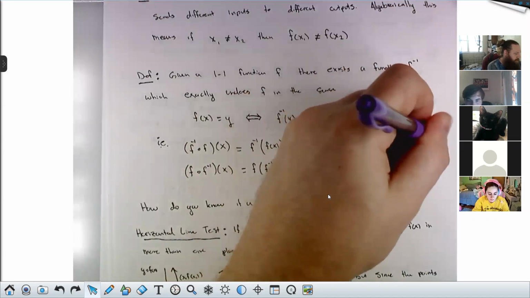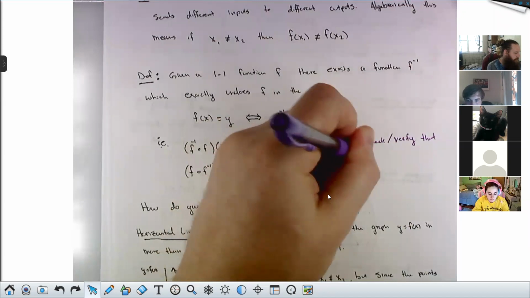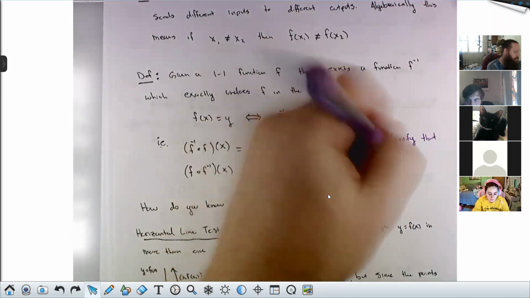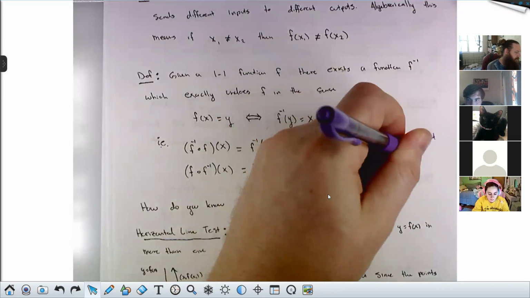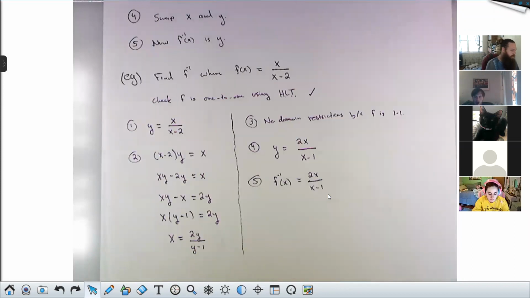We said this in words, but I'm going to put it back here, that two functions are inverses. I'd like to run through that with you because there are plenty of homework problems that just ask you to do that. It's a reasonable possible test question. And it's also a nice way to check our work here.